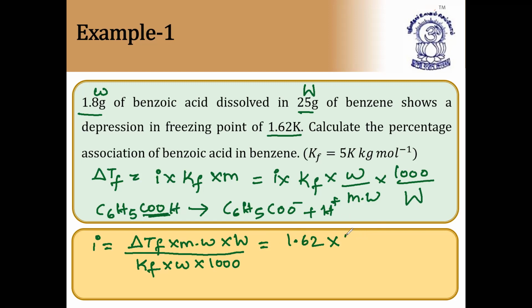So it is 122, into the weight of solvent, which is given as 25 grams of benzene, divided by Kf. The Kf value is 5, into the weight of solute 1.8 grams, into 1000. So 25,000, how many times? 40 times.